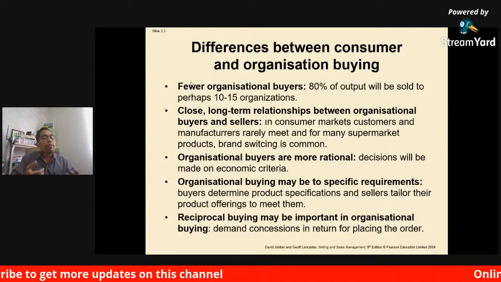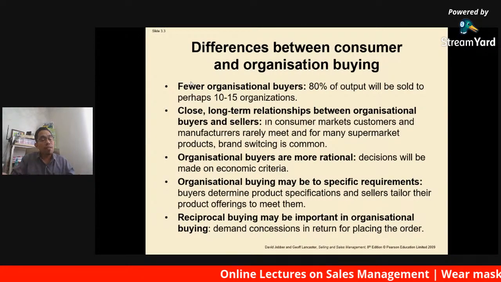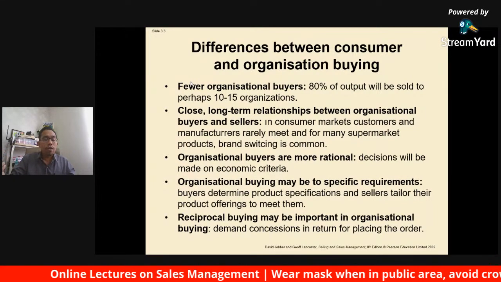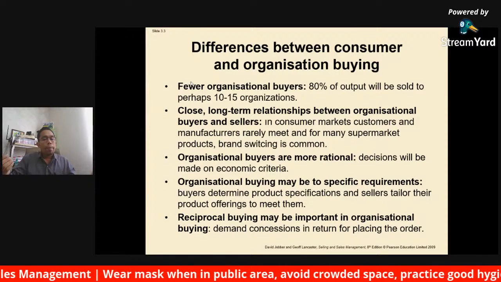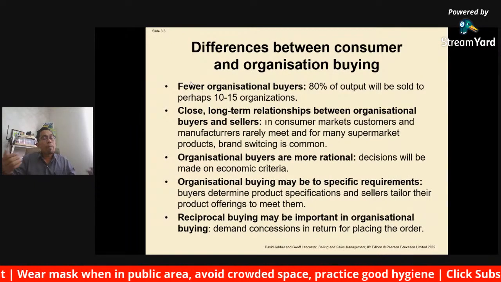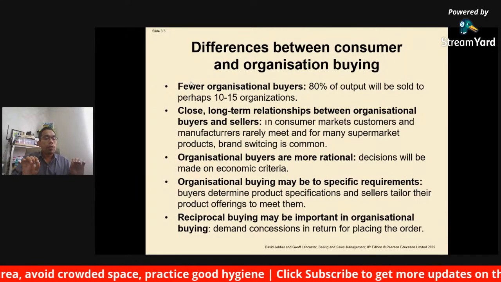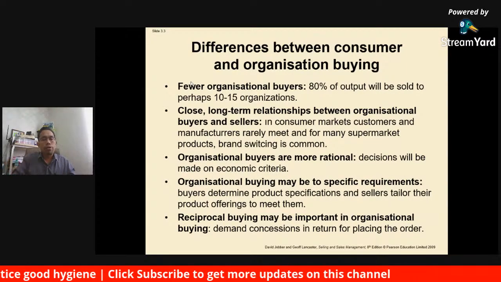So we tend to have a long-term, very close, friendly relationship. Sometimes your price might go high because of short supply, but it doesn't matter as long as you keep the relationship in good condition.